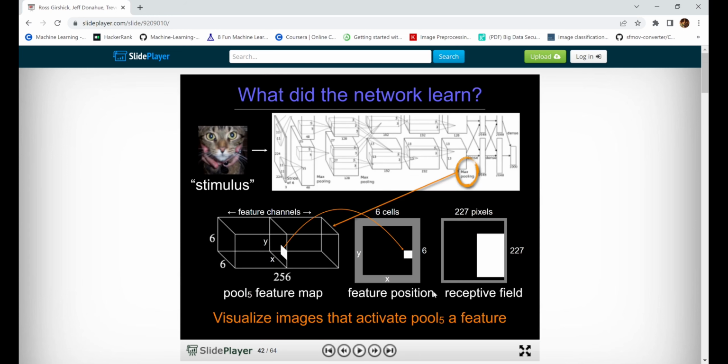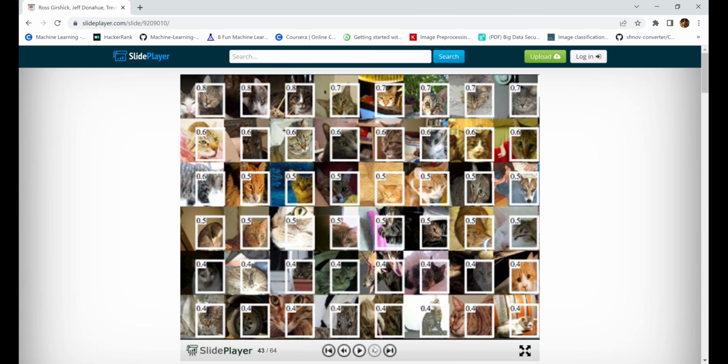They're visualizing the image at that layer. So these are the results, some of the images at that layer, with this percent of accuracy.